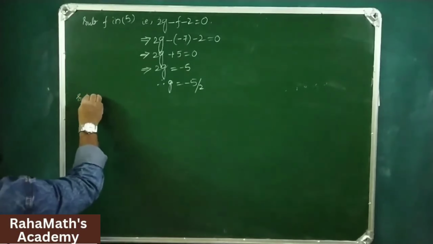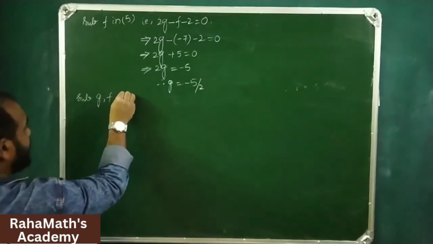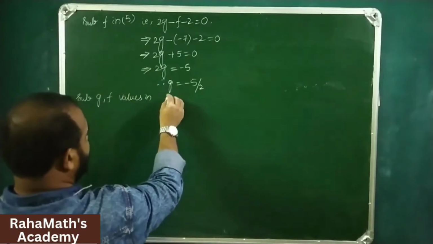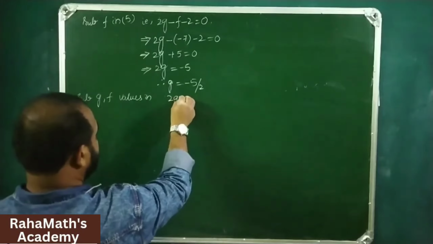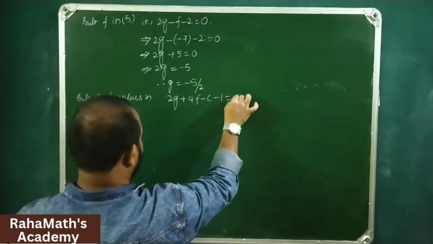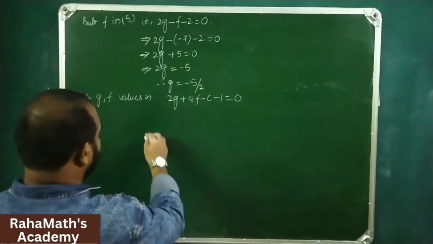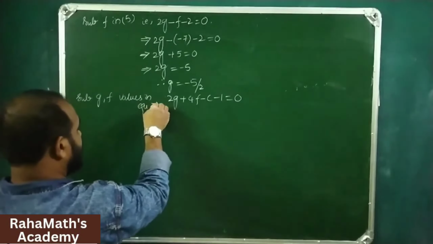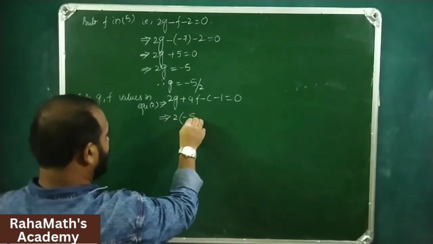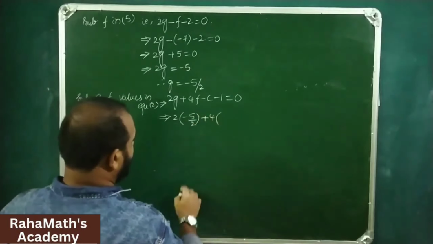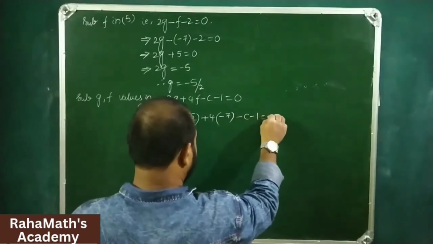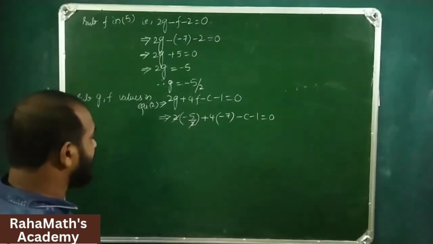Substituting G, F values in the second equation. What is the second equation? 2G plus 4F minus C minus 1 equals 0 in equation 2. So this implies 2 into minus 5 by 2 plus 4 into the value of F, which is minus 7, minus C minus 1 equals 0. 2 gets cancelled here.